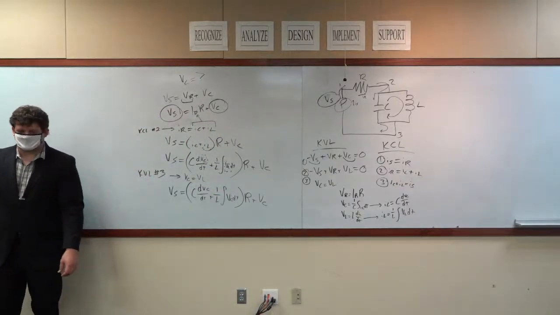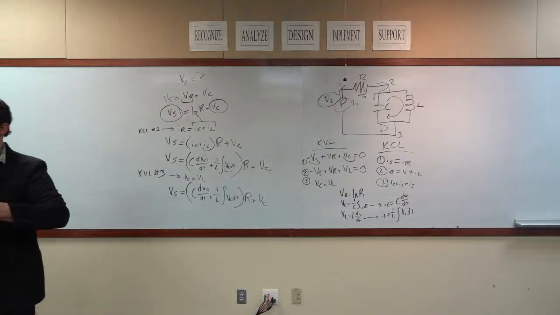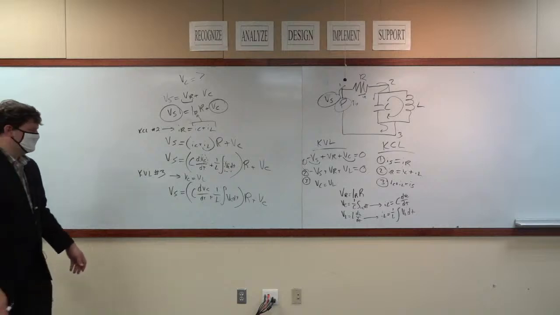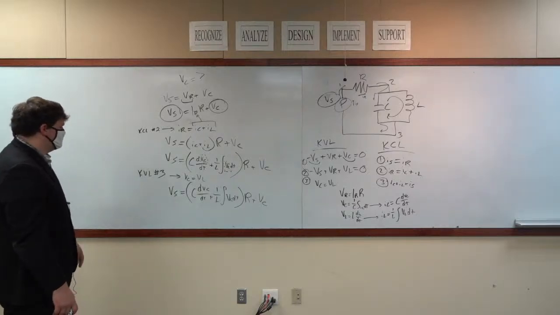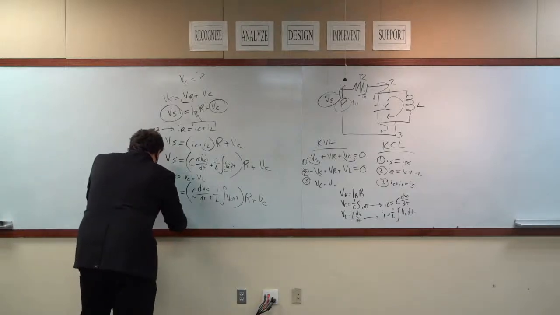Now in order to get this into our nice differential formula, we can take the derivative of both sides. So the final answer ends up being, I can't see the bottom of the board.